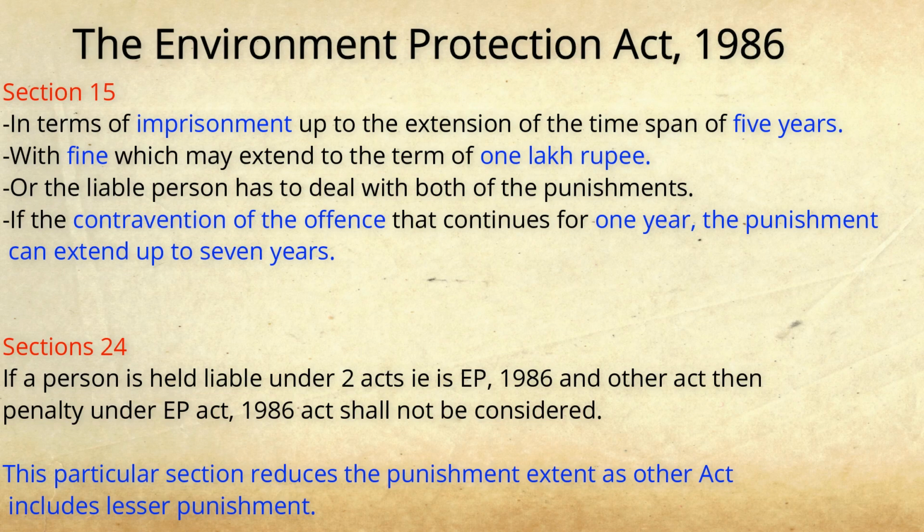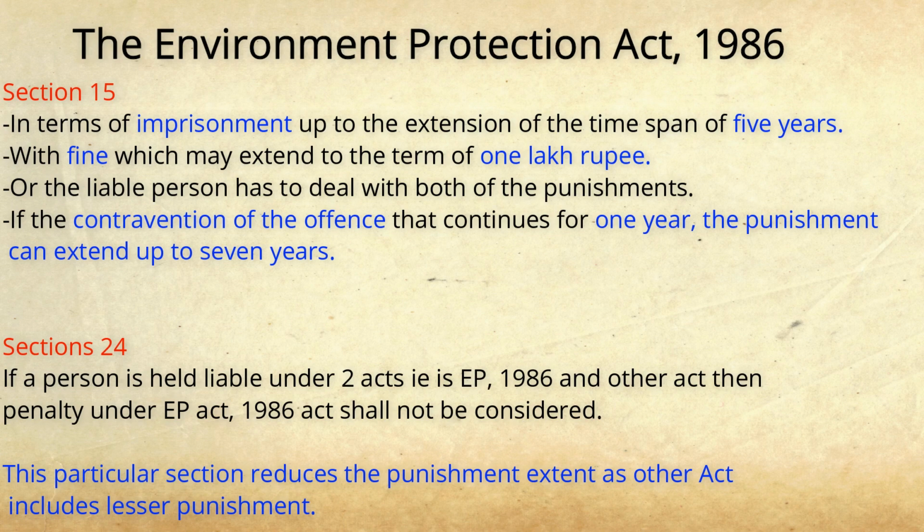Next, let's look into the punishments given for contravention of the rules as well as the orders of this Act. Section 15 states that any person who does not comply with the provisions of this Act, and whose failure or contravention is established, will be liable and punishable as follows. Firstly, imprisonment which may extend to 5 years, or a fine which may extend to 1 lakh rupees, or both.